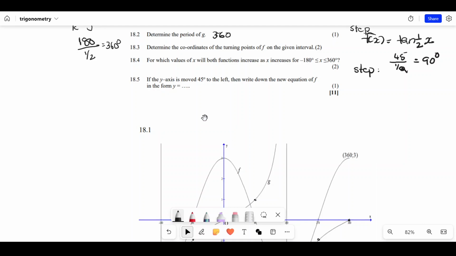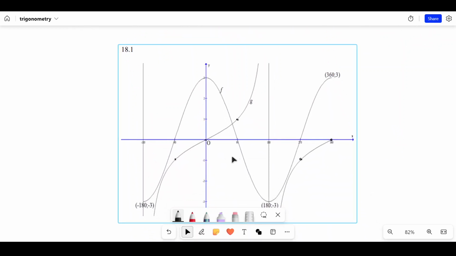Okay, now for which values of x will both functions increase as x increases for the interval negative 180 to 360. So where is the graph increasing? For both functions to increase.